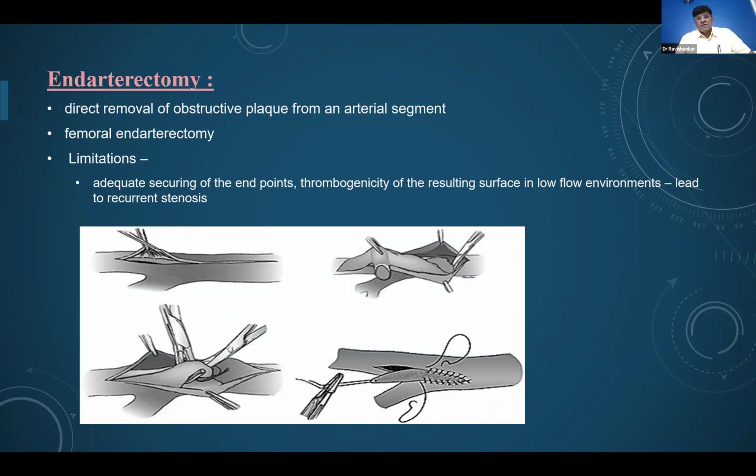Then there was this question whether they should do this or surgical endarterectomy or any surgical procedure. So they conducted a trial called the BEST-CLI trial. The results came out in 2023, which included 1,830 patients.